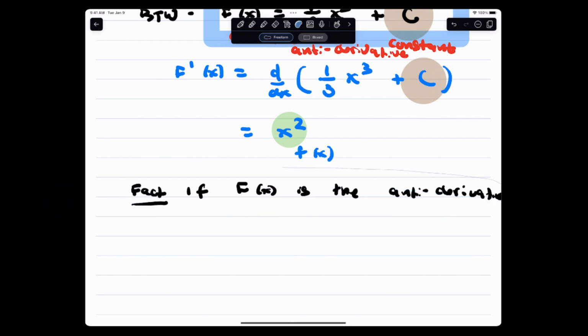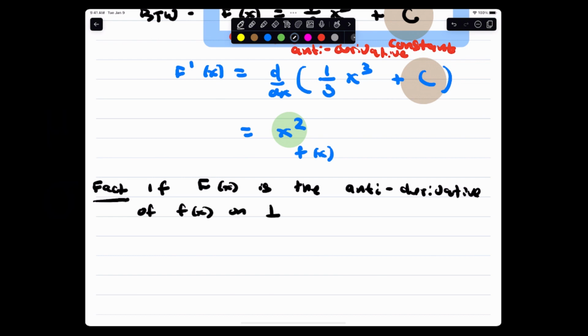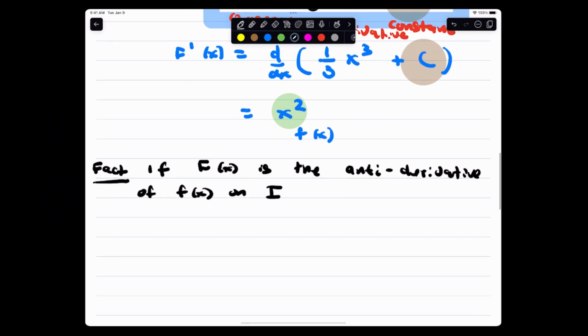That's kind of one of the reasons why I made that little weird mistake with the algebra yesterday, because I'm always trying to squeeze everything in, and I can't. And then I can't really see it as well. So I'm not going to do that anymore. Antiderivative of f on I. Okay? That's how your book wants to write the fact. Then it says the most general. Then the general solution, or the general antiderivative.